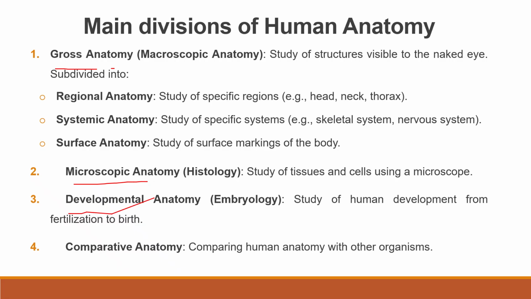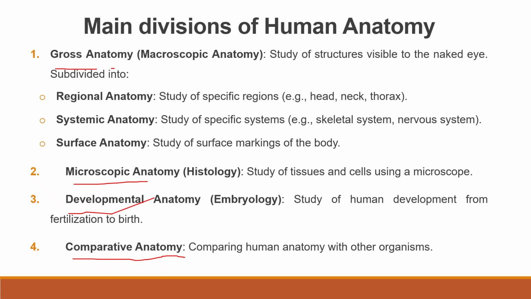Actually, I haven't shown comparative anatomy in the previous slide. Gross anatomy, or macroscopic anatomy, is the study of the structure of any particular organ or parts which are visible to the naked eye.